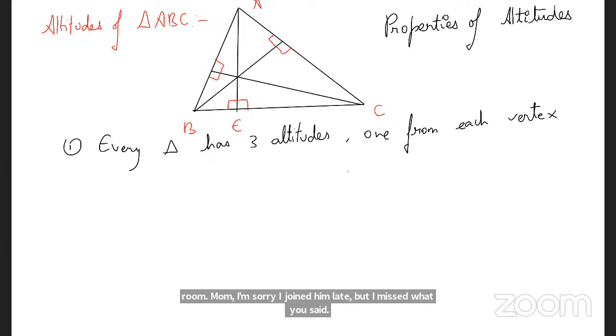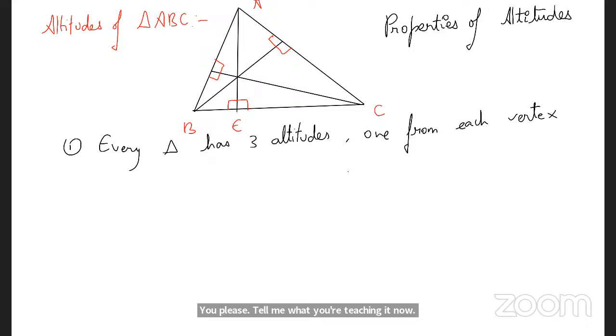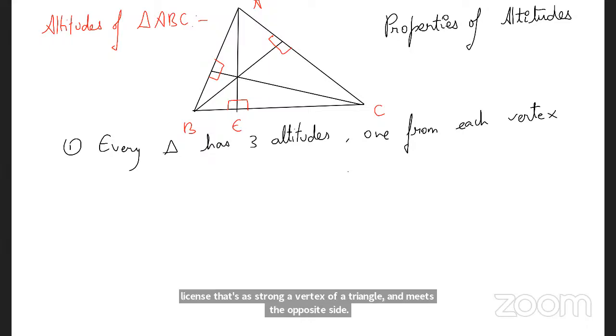Yes, Amanda. Yesterday we left at the meaning of altitude, right? So today we are going to do properties of altitude. I just explained its meaning again. An altitude is a line segment that starts from a vertex of a triangle and meets the opposite side at right angle. Suppose it's B vertex.